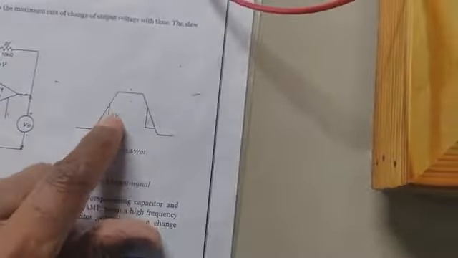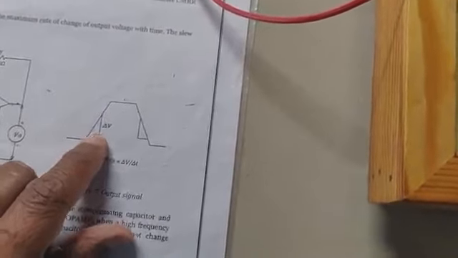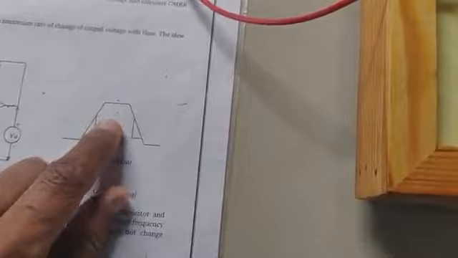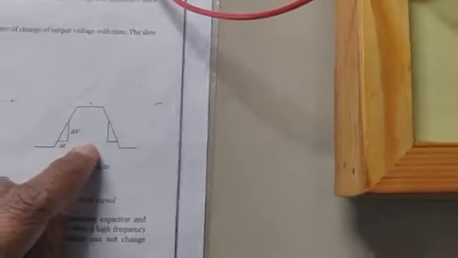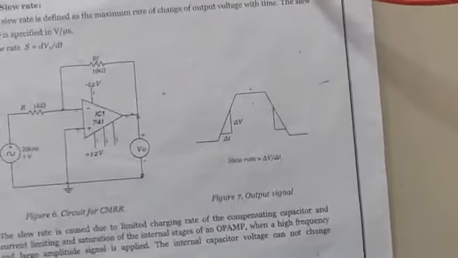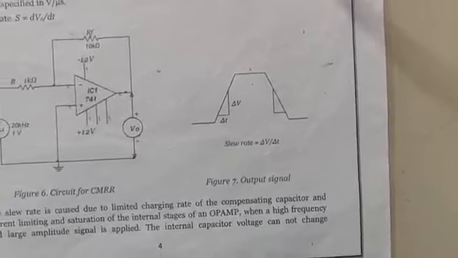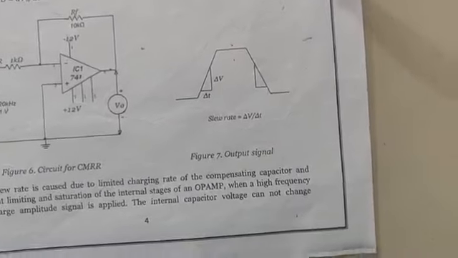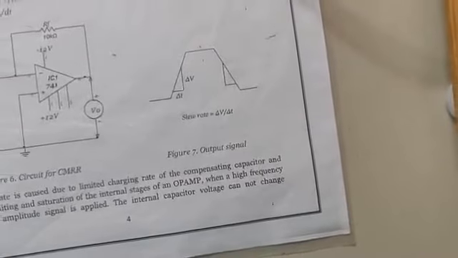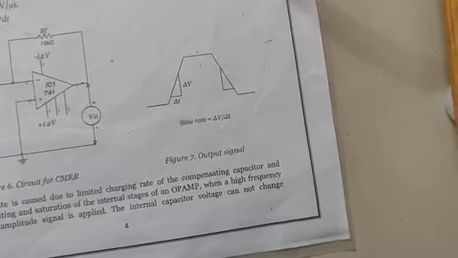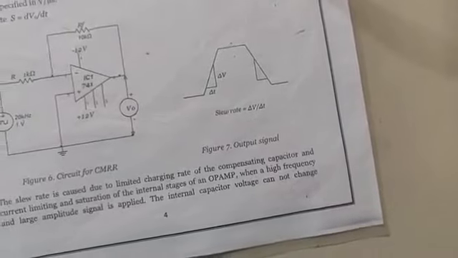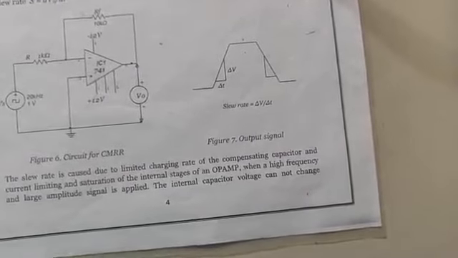You can see that input is changing from low to high, but it is not suddenly changing. It takes some time, and that means the output is slower, rising from low to high. That is the characteristic of this op-amp. And that slew rate, that means slope, we have to find out. The slope will be delta V upon delta T. That means to change the voltage from low to high, whatever that voltage is going to be changing from 0 to 1, divided by how much time it takes, that ratio is known as the slew rate. That we have to find out.